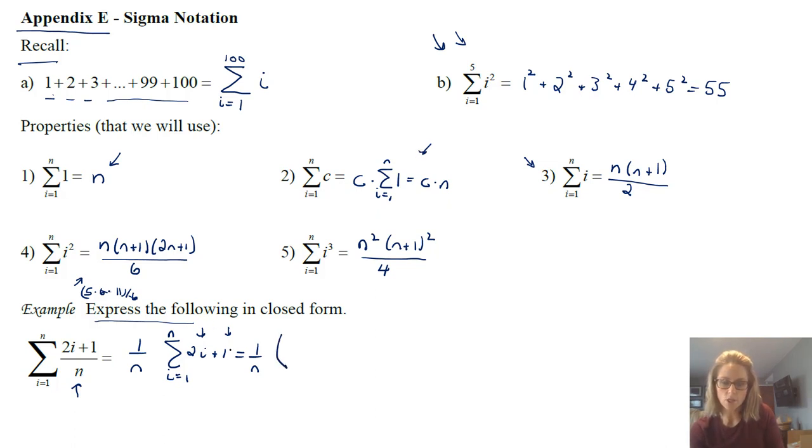So that summation for 2i is going to be 2 times the summation of i, which we know is just n times n plus 1 over 2, plus, and then what we would get if we added up a bunch of 1s, which is n.